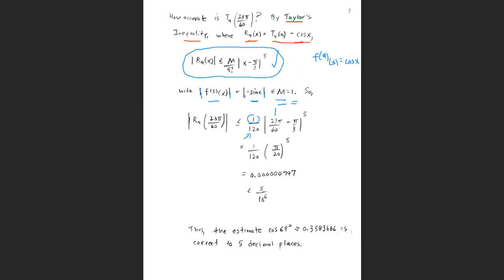And you're putting in 23 pi over 6 for x, because that's the value you care about. And you just figure out what the error bound is.